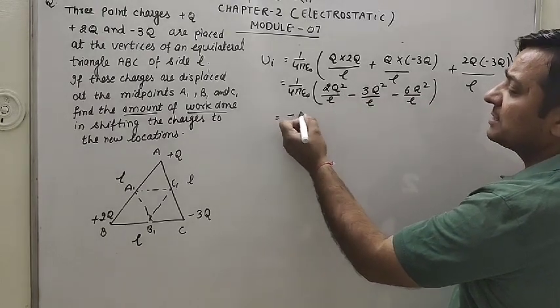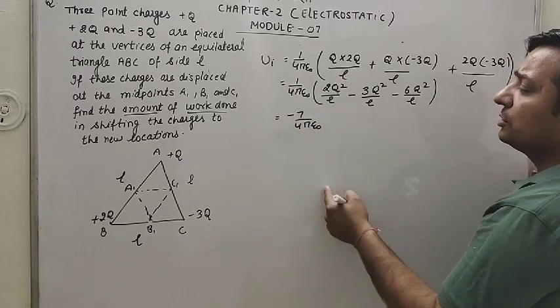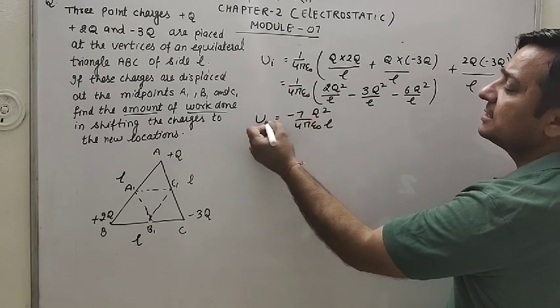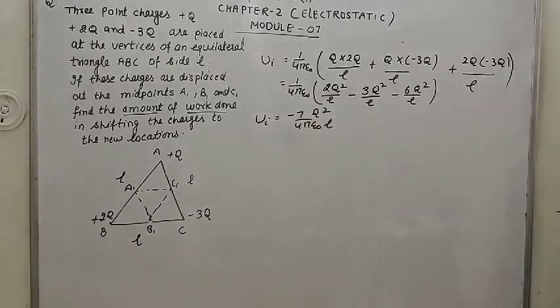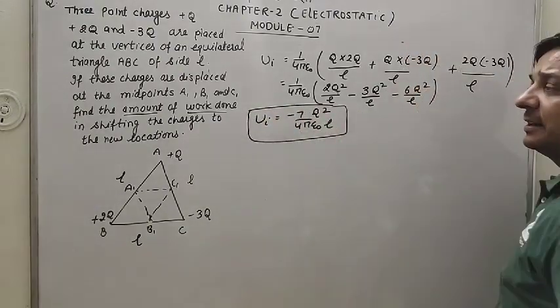That is equal to minus 7 Q squared upon 4 pi epsilon naught L, and this is U initial, the initial electric potential energy.